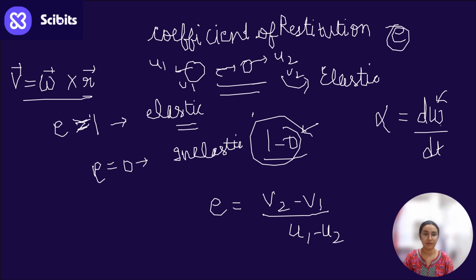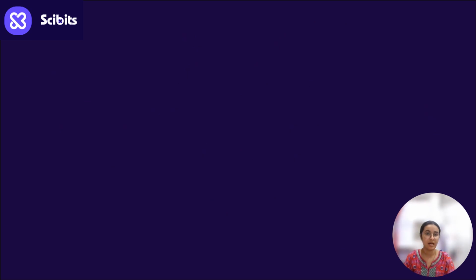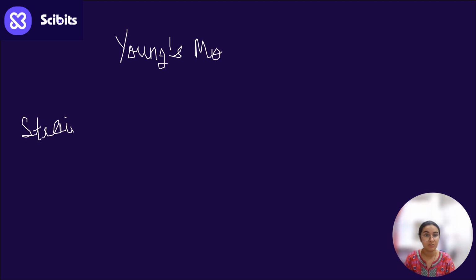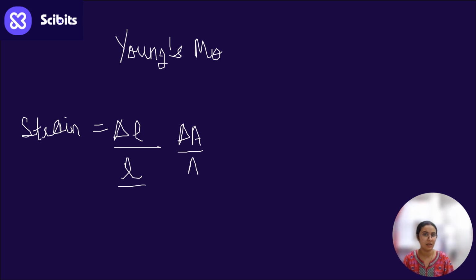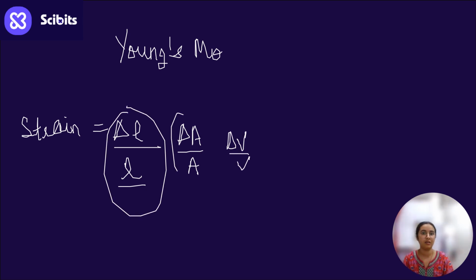Okay, I will write one more formula for Young's modulus. And also there is a strain formula. Strain is change in configuration, change in length upon original length. It may be change in area upon original area, or change in volume upon original volume. Anything is strain.